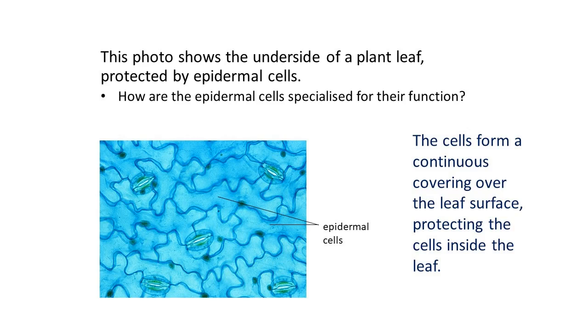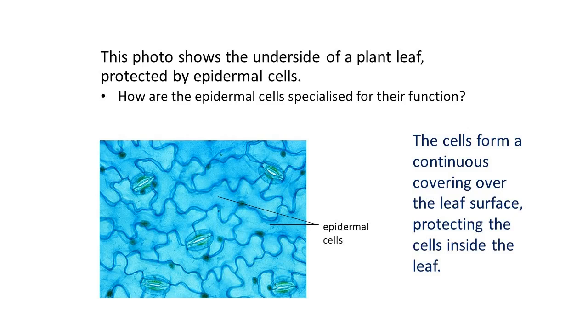Okay, so epidermal cells, if you think about the word epidermal, you might have heard this word before. You might know the word epidermis, which is relating to your skin. The reason that these cells are called epidermal cells is because they form a continuous covering, a bit like skin, on the leaf surface, and they protect the inside of the leaf.